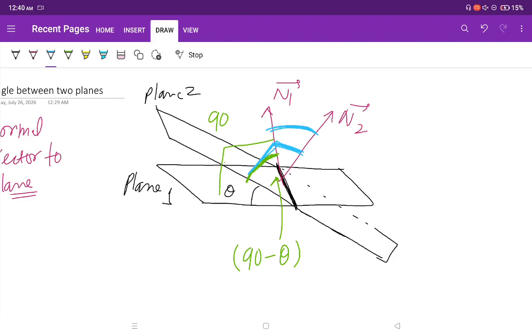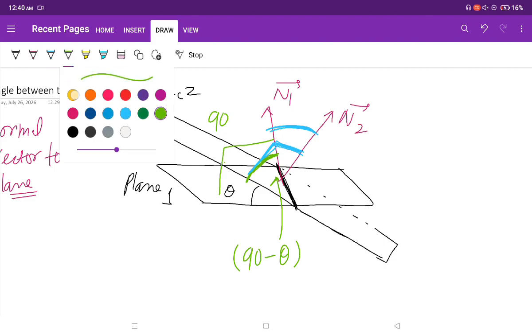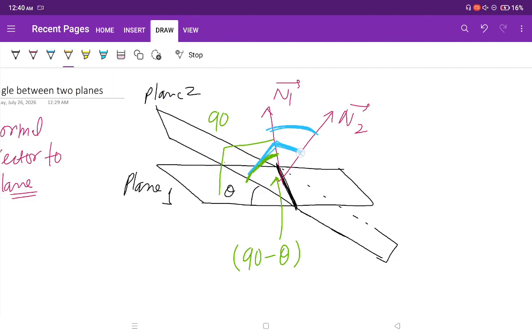So what do we have? We have this complete 90 and we have this angle as 90 minus theta.